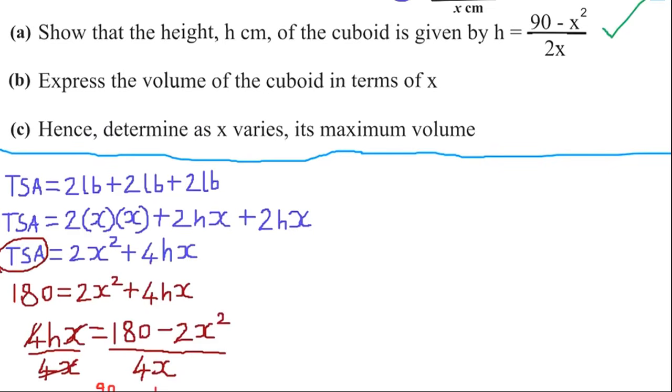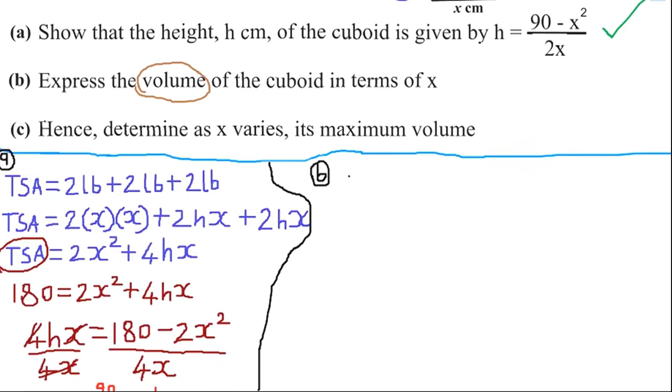Part B says express the volume of the cuboid in terms of x. Let's try to answer that part. So volume. For you to answer this question, you have to know the formula that we use for volume. The formula for the volume of the cuboid is volume equals cross section area.